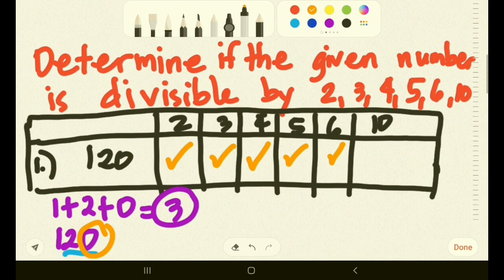The number is divisible by 10 if it ends with 0. Since 120 ends with 0, 120 is divisible by 10. So therefore, 120 is divisible by 2, 3, 4, 5, 6, and 10.